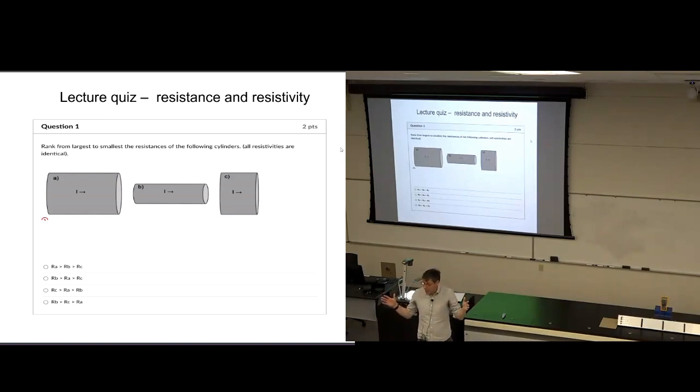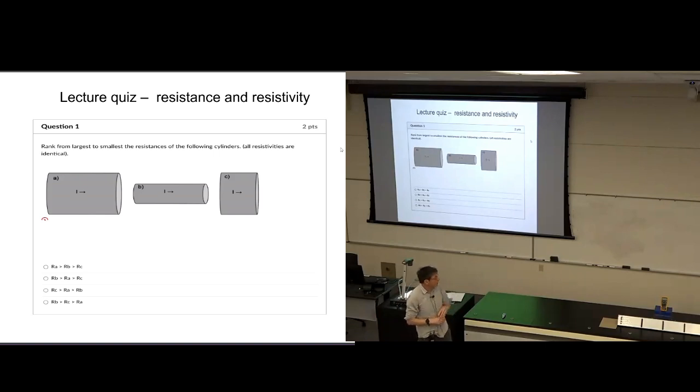Resistance goes up with length, and resistance goes up as the cross-sectional area goes down. Wire B is the longest, and simultaneously has the smallest cross-section. So it combines the longest wire with the smallest cross-section. Both those make the resistance larger, and so wire B has the greatest resistance.